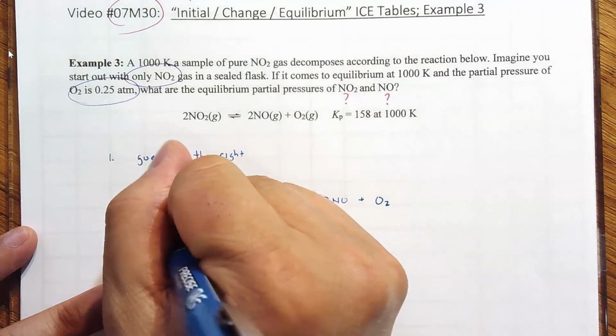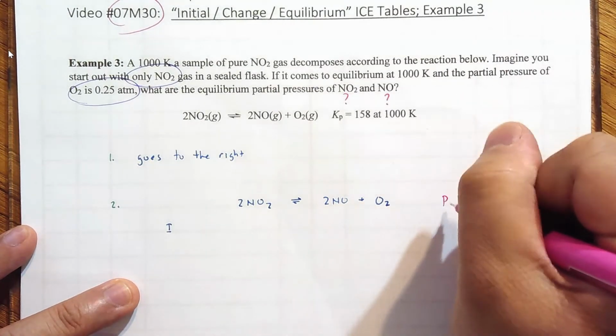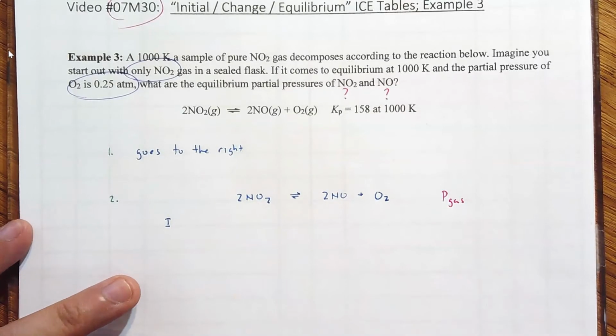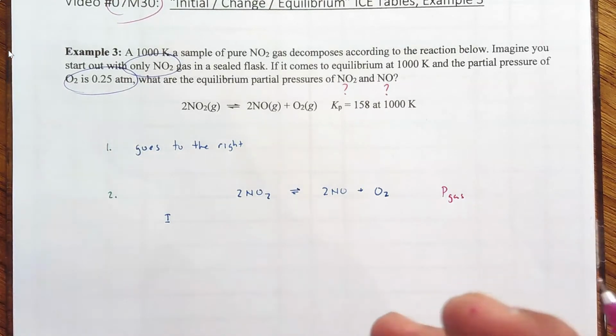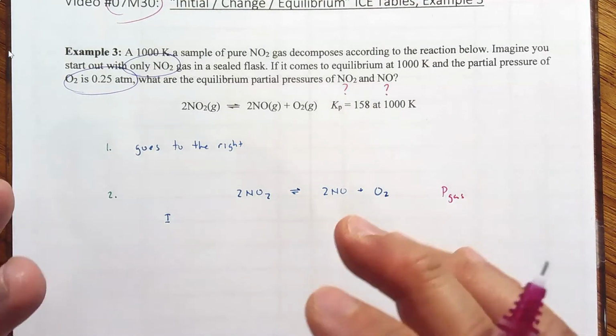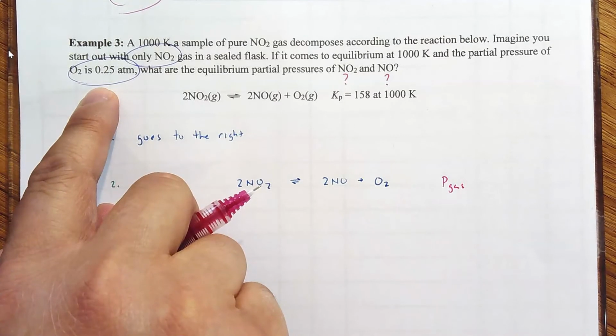But now we're going to be working with partial pressures. And partial pressure, when everything is a gas, is directly proportional to the amount. So we're just going to treat it like an amount or a concentration. They're all proportional. So we are going to use this number, 0.25 atmospheres.